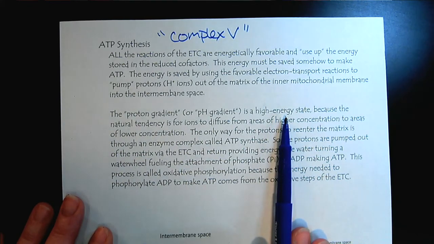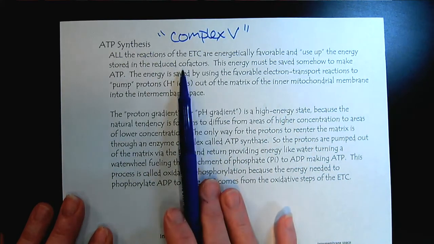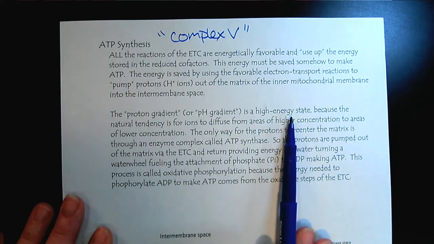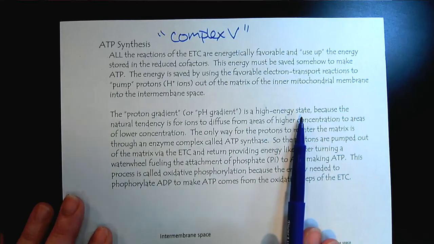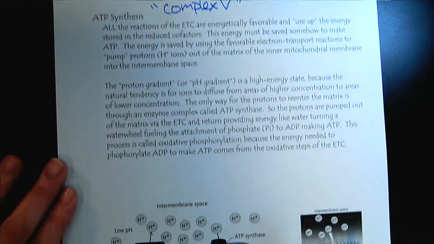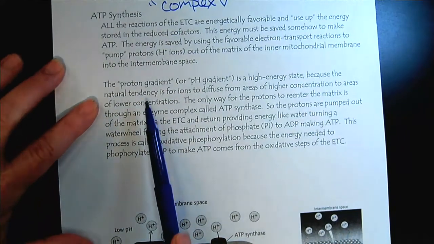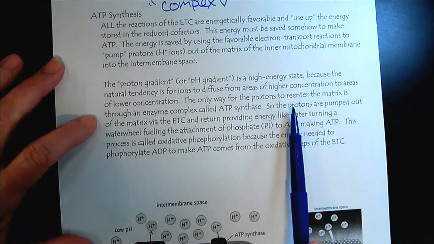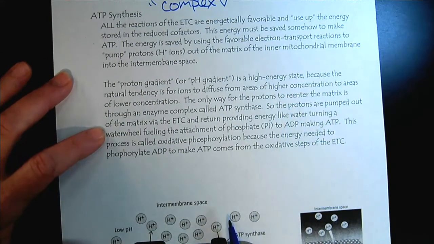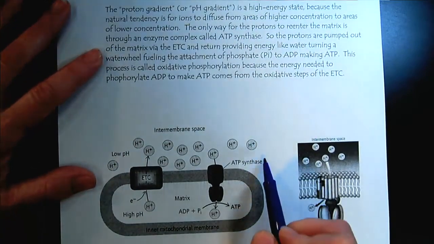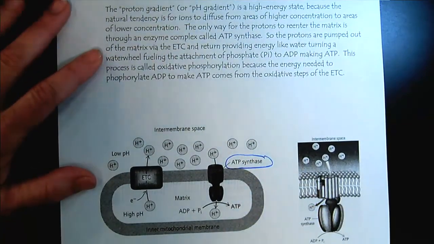So the energy of those high energy reduced cofactors is transferred to this high energy state of the proton gradient. Because the ions have a natural tendency to diffuse from high to low concentration, but there's only one way for them to get there, they have to go through the ATP synthase.